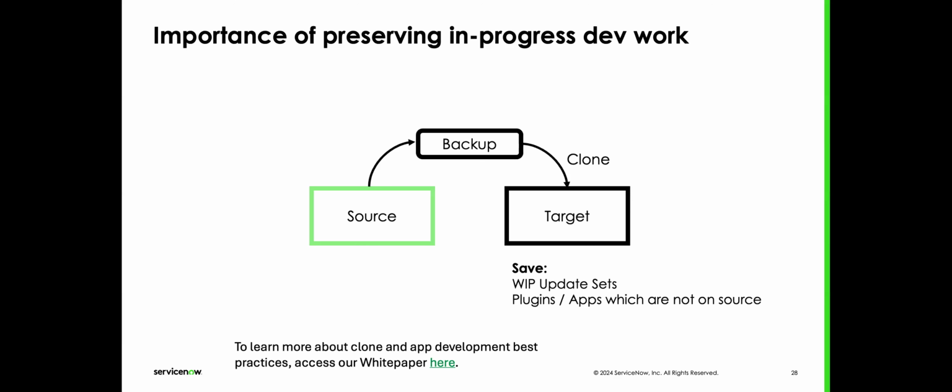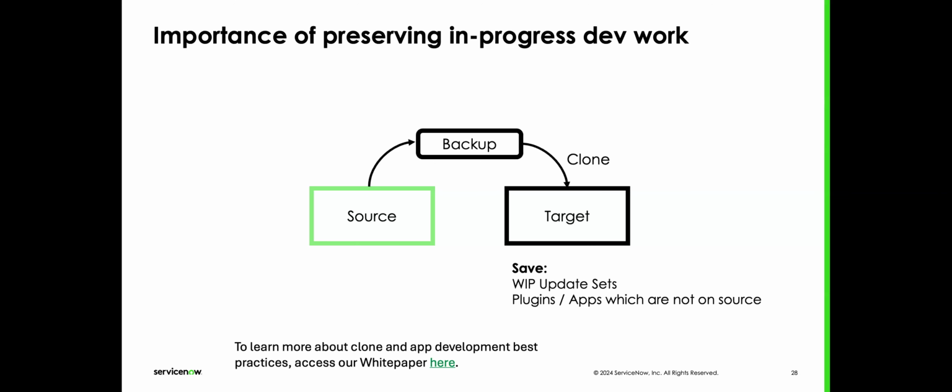And if you have a larger team, you might have a lot of different teams with a lot of update sets. So it's important to keep in mind that after the clone, you'll have to bring back these in progress update sets onto your target, and also install any plugins or apps that are not on your source instance.